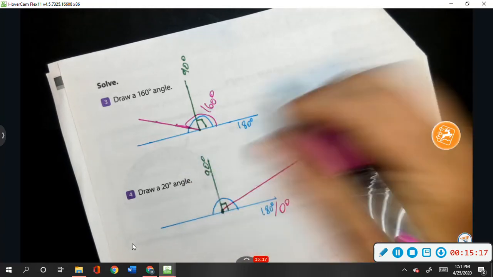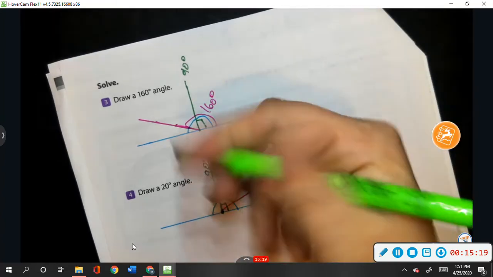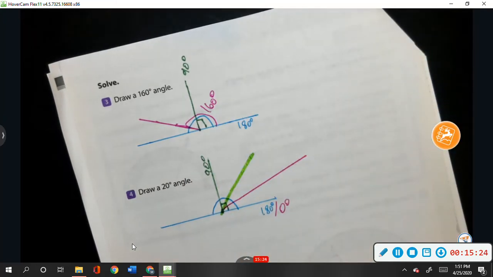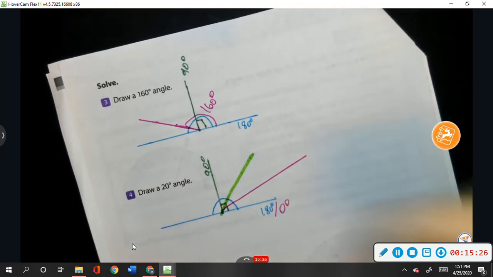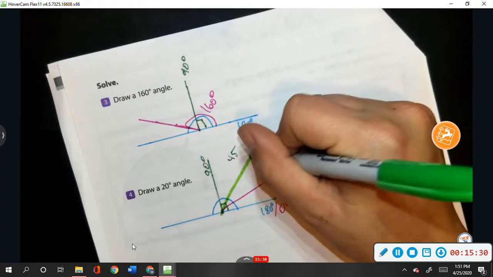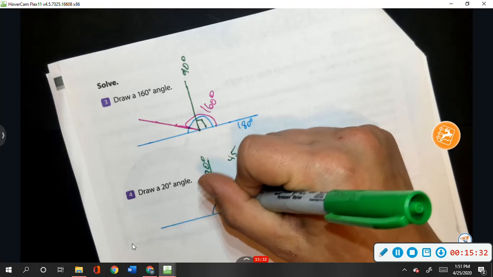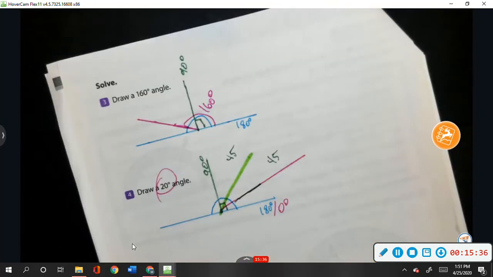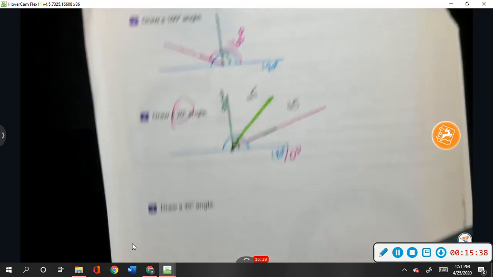You know, the 45 degree mark would more like be half of this 90 degree angle, which falls probably about right here. So this would be 45. This is less than 45. So I'm thinking it's pretty close to that 20 degrees.